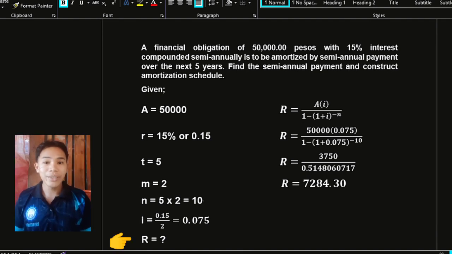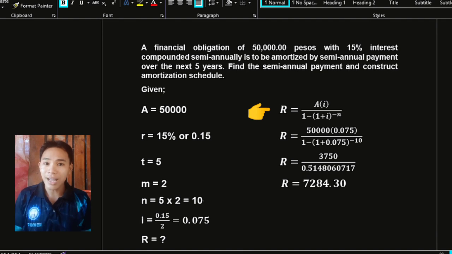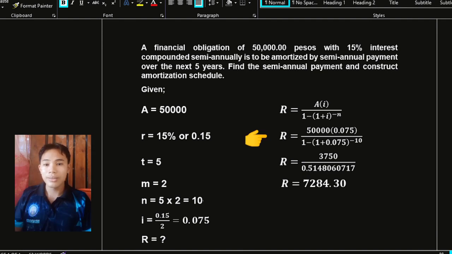So, we don't have the regular payment. To get the regular payment, let's use this formula. R equals A times i over 1 minus open parenthesis 1 plus i close parenthesis to the power of negative n. Let's substitute the given. Our A or amount is 50,000.